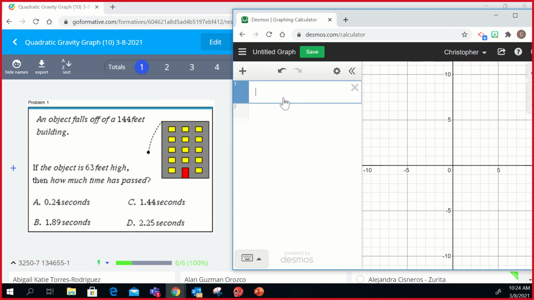So in Desmos, I'm typing in, I'm just going to say y equals, and we got our velocity, so we know this is gravity here, so it's minus 16. Remember, I changed it. I substituted for t with x because I need something specific. If they give me a height, that means I'm looking for x.